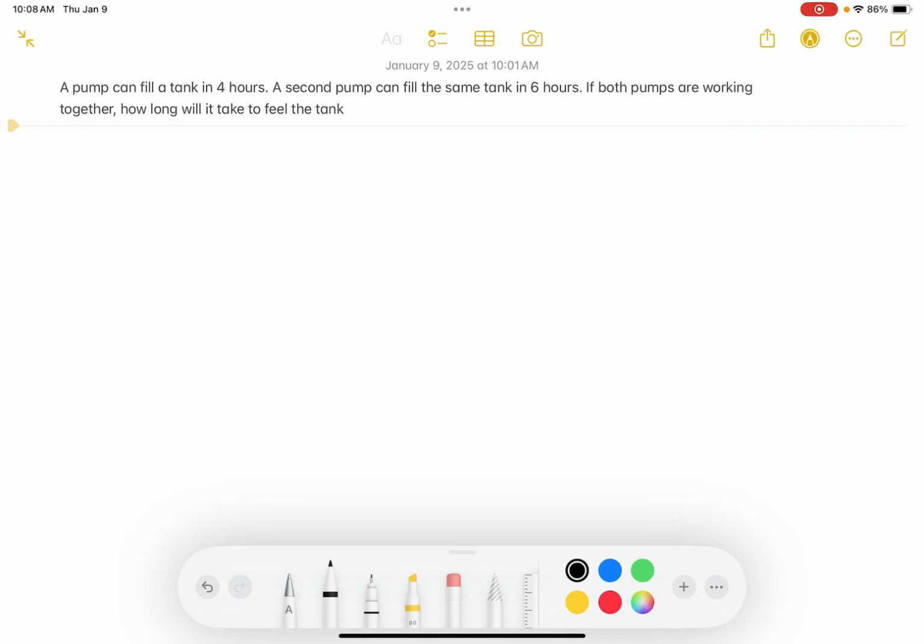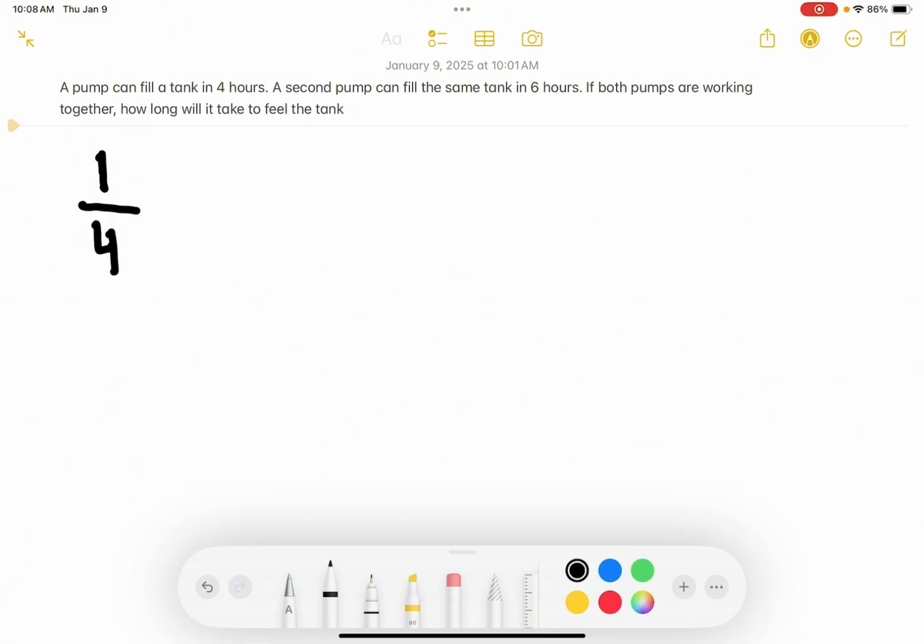Okay, so here's the second problem. A pump can fill a tank in 4 hours. A second pump can fill the same tank in 6 hours. If both pumps are working together, how long will it take to fill the tank? Once again, we're just breaking it down. A pump can fill a tank in 4 hours, so in 1 hour it gets 1 out of 4 done.